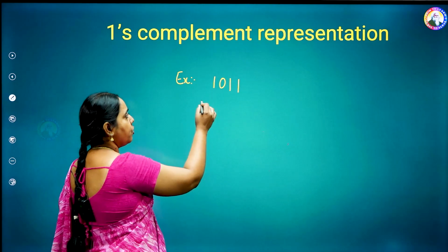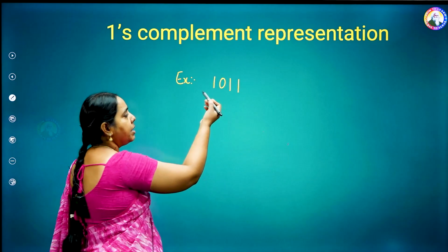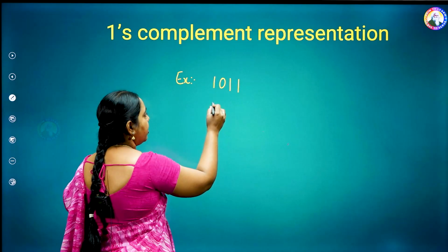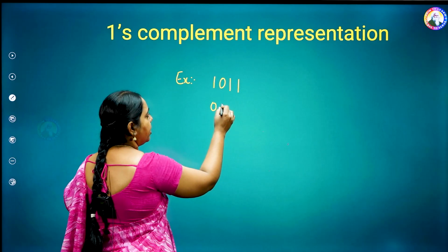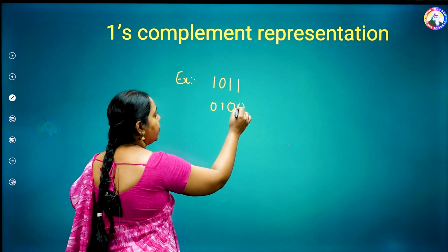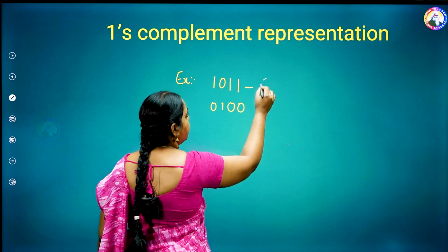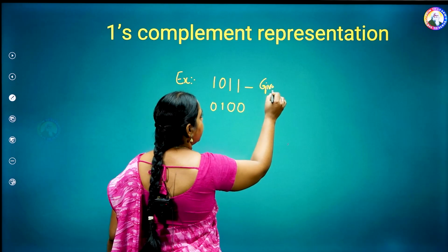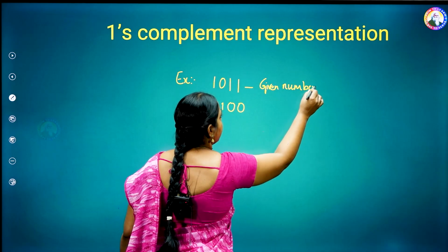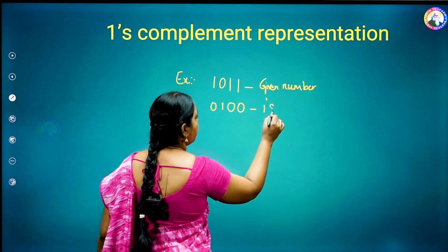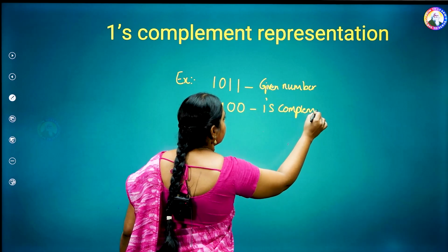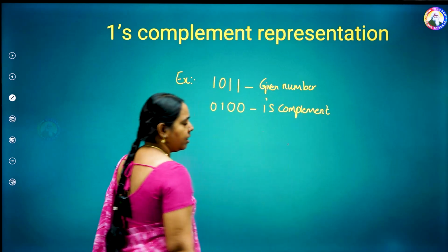So 1 is converted to 0, 0 is converted to 1, 1 is converted to 0, and 1 is converted to 0. This is the given number, and this is the ones complement number.